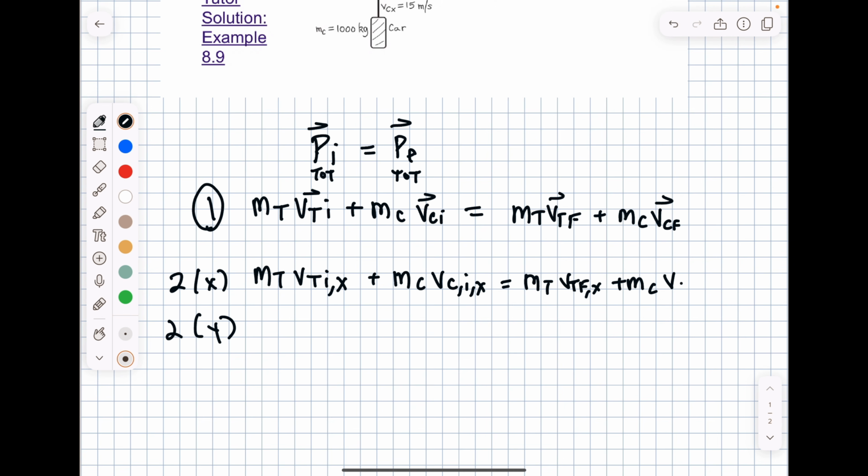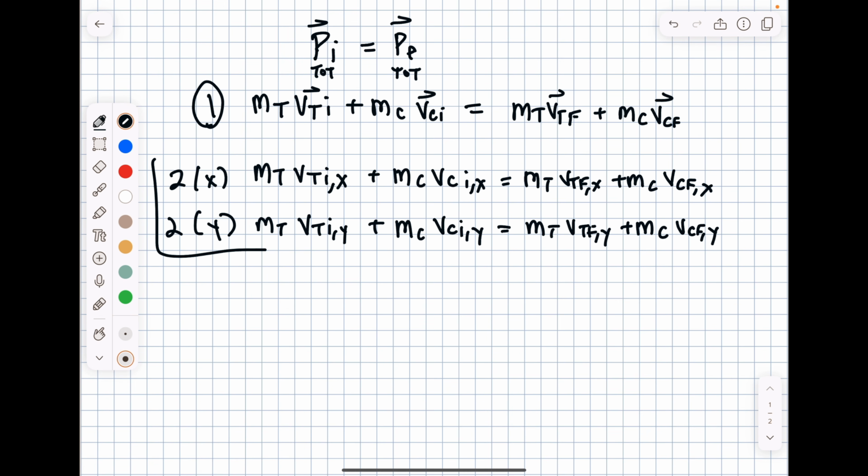Final velocity of the car in the X direction. Okay? The subscripts get a little bit wild here. Let's clean this up. There we go. So let's write the same statement for the Y's.